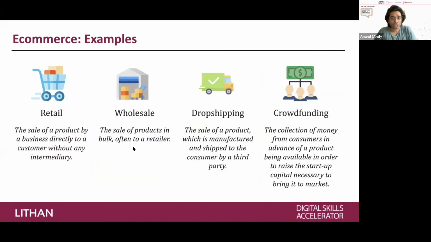Now, again, sharing some more examples. Retail, as I shared with you, is Amazon. Wholesale is Alibaba. Dropshipping, you again may or may not have heard of it, depending on how familiar you are with e-commerce and selling stuff online. Dropshipping is a model where, let's say you want to sell something online, but at this point in time, you're just starting out and you don't have enough capital to go and buy goods from the manufacturer directly.